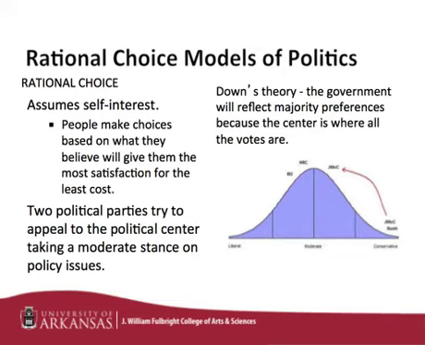And the idea is that because most people are in a bell curve, with most people being moderate, the political parties will appeal to the political center and take a moderate stance on policy issues. So what we're seeing here is probably something that we don't see in real life, especially now with our political situation.